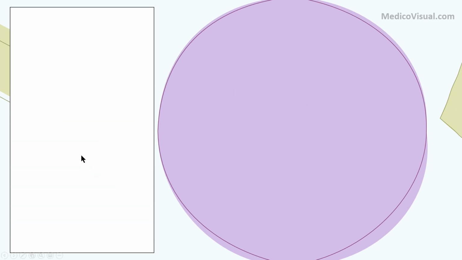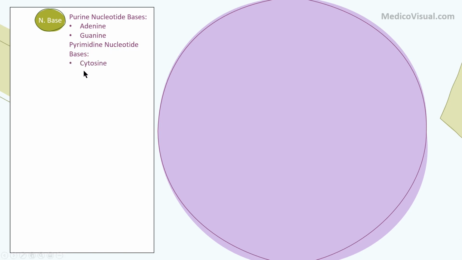You know that our DNA consists of nucleotide bases, which could be purine nucleotide bases that are adenine and guanine, or also there are pyrimidine nucleotide bases which are cytosine and thymine. I know you must be knowing that there is no uracil in DNA.